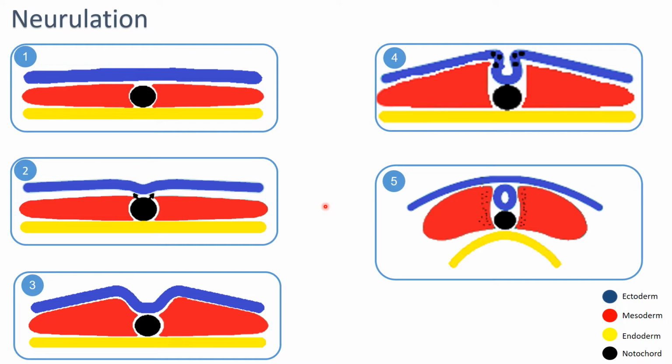Basically, the neural plate will span the entire craniocaudal length of the developing embryo, where the cranial end is going to appear a little bit wider and eventually become the brain. And the rest of the neural plate will give rise to the spinal cord. Okay, never mind. Let's just look at these 5 images here.